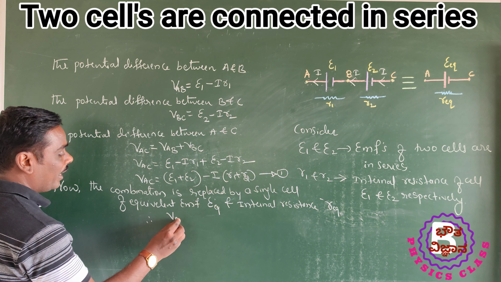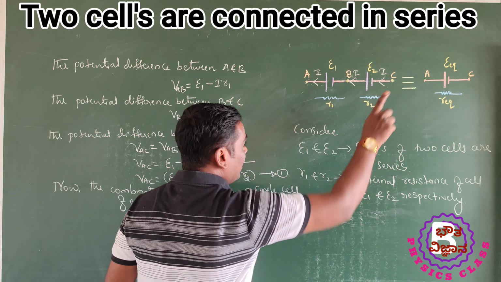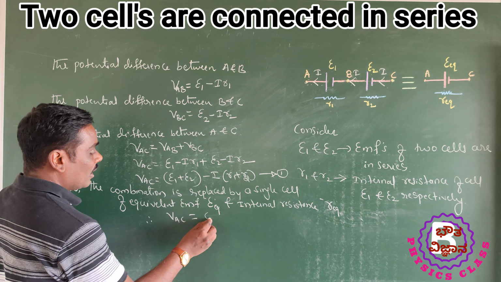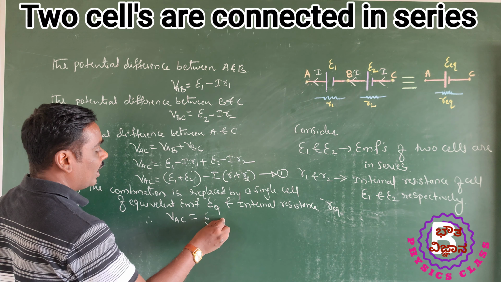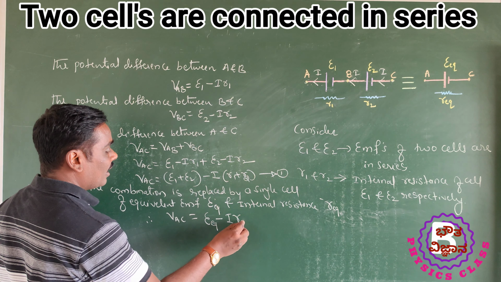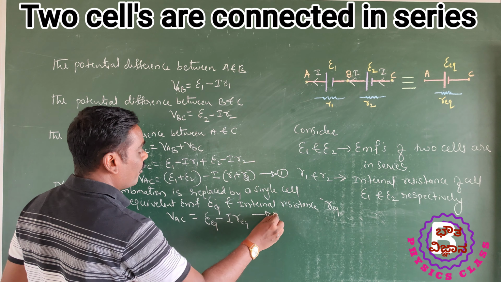Okay, therefore VAC from that equivalent cell, the potential difference is the EMF, say E equivalent, minus current into the internal resistance, say R equivalent. Now it is called equation number 2.